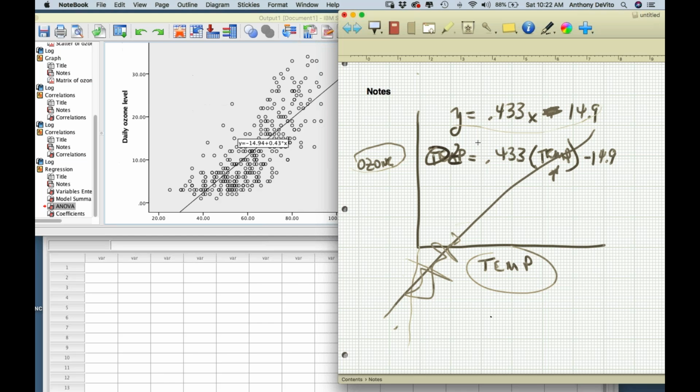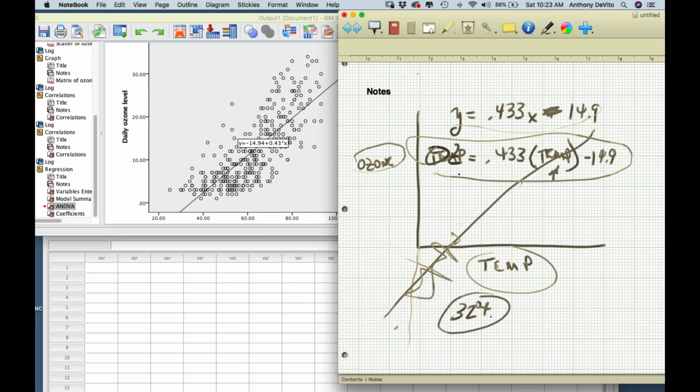But at any rate, let's take a look at this. We can use this formula now to predict the ozone level if the only thing we know about the weather conditions right now is the temperature. So let's say it's wintertime, and the temperature is 32 degrees Fahrenheit outside.